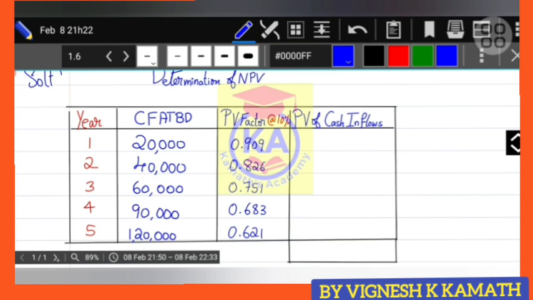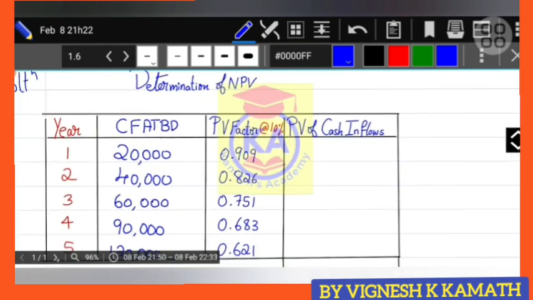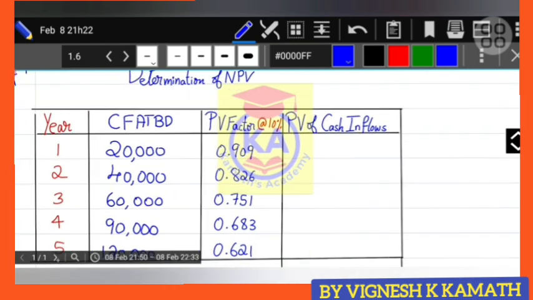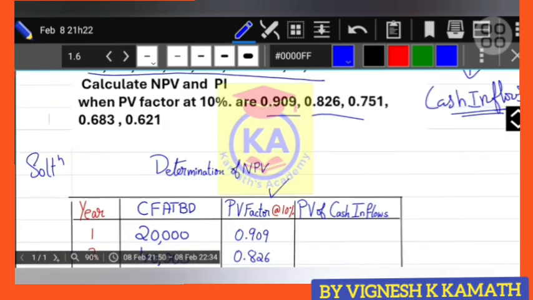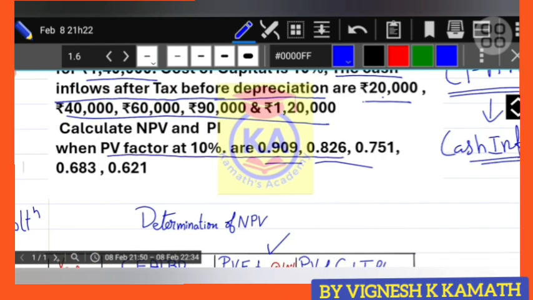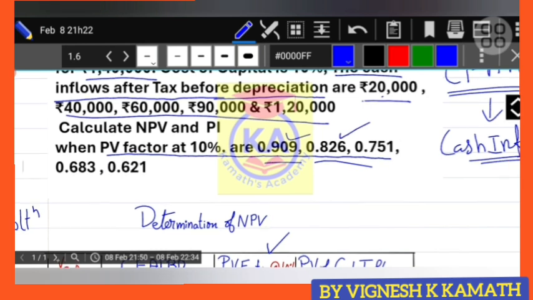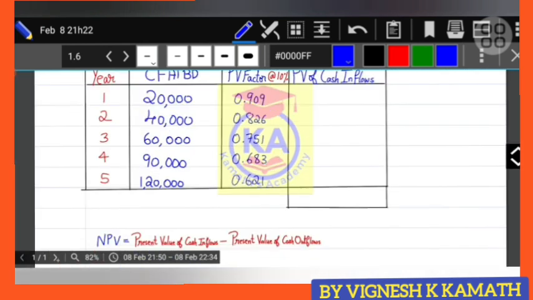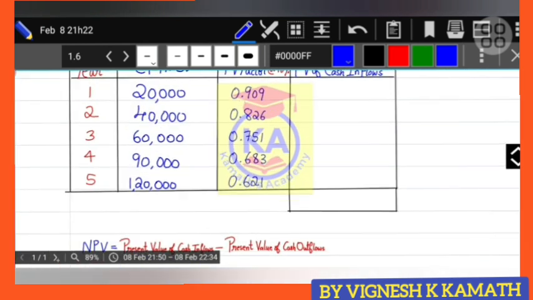Then, for finding out the present value of cash inflows, you have to write the present value factor, that is PV factor, at 10%. Here it is given PV factor at 10%: 0.909, 0.826 and so on. The same thing you have to write here in the PV factor column.